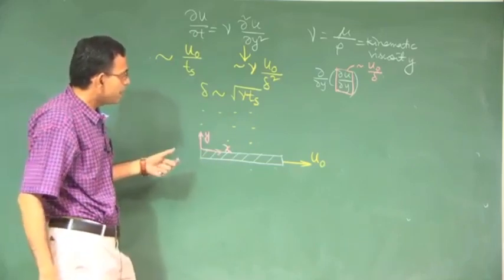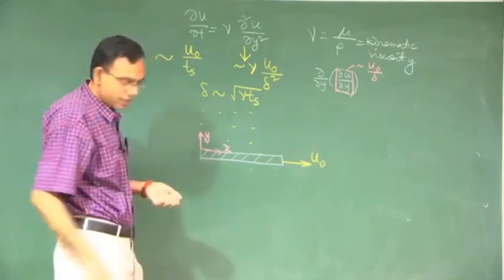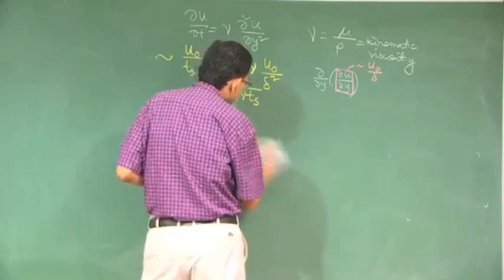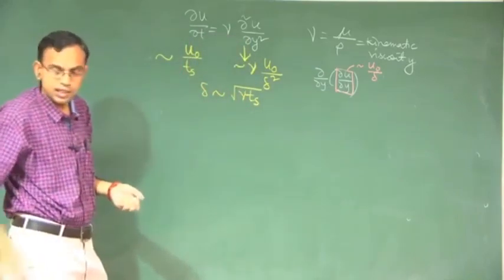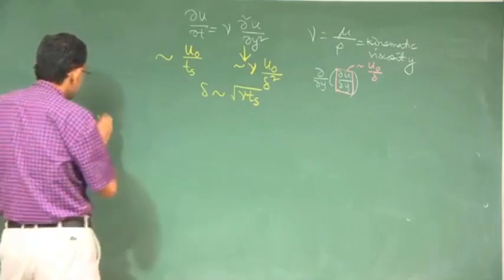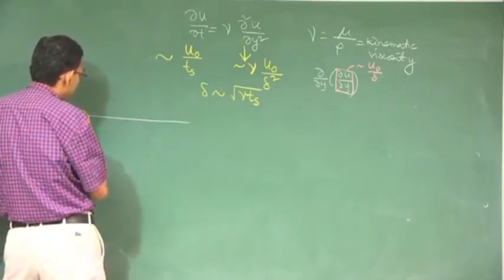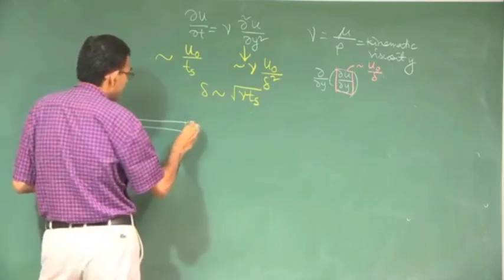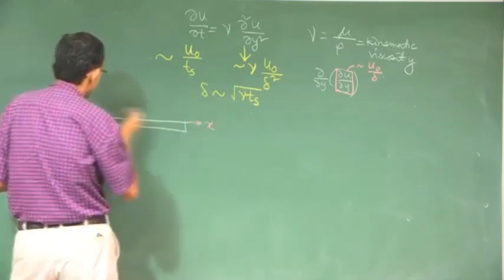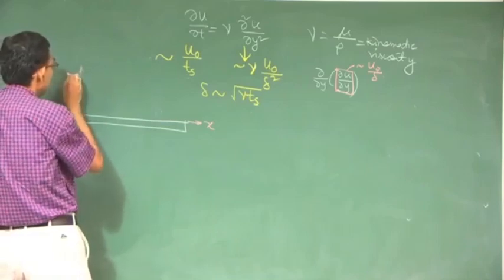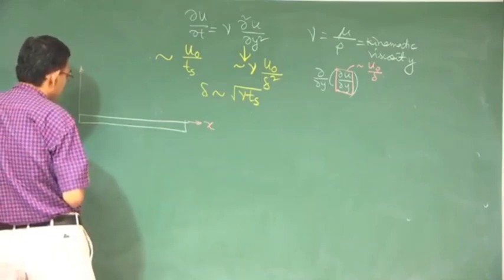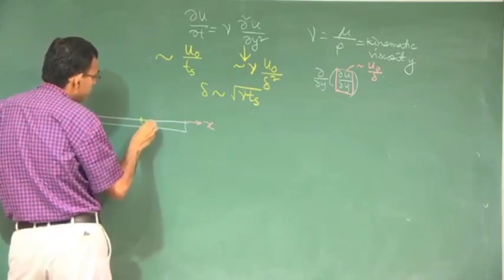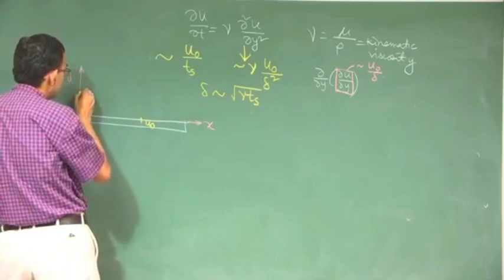Now, if you allow more and more time, let us try to make a plot of how the velocity is expected to vary over position and time, just qualitatively. If you make a plot of the velocity, this is your x axis, this is your y axis. The velocity at the boundary is u0, this boundary condition remains.